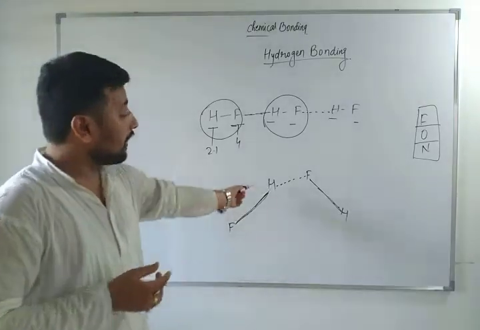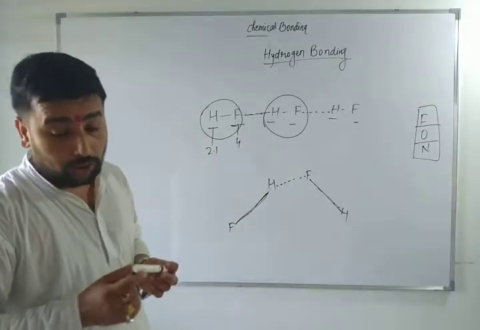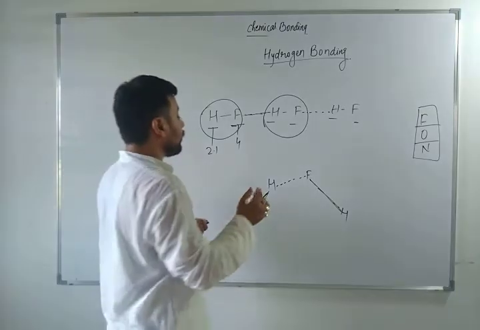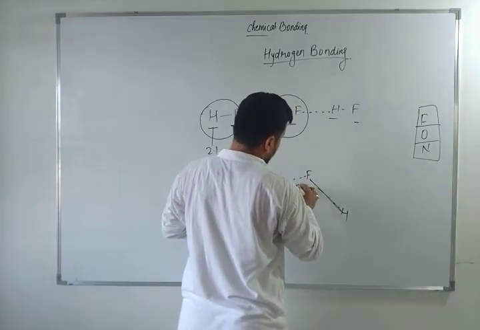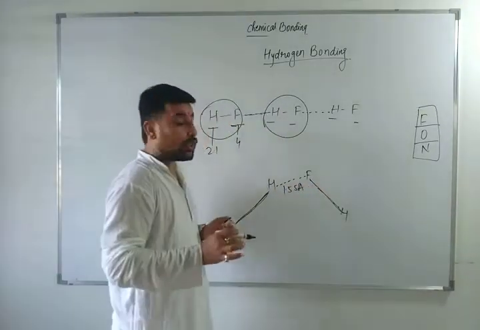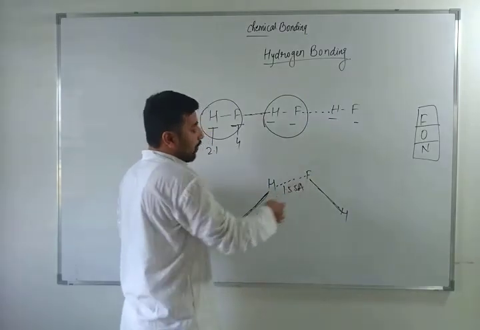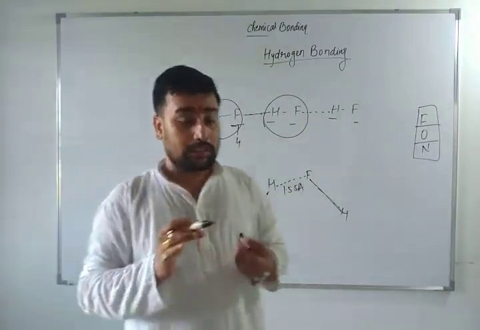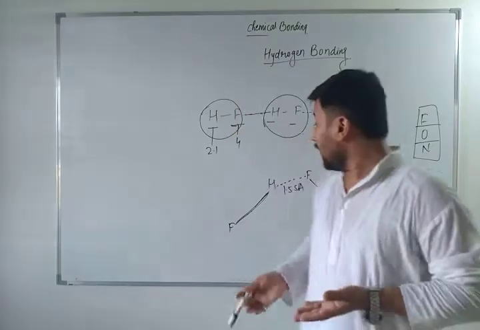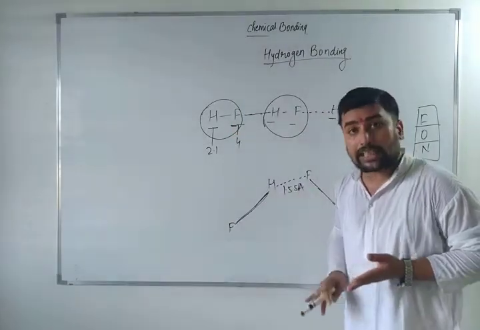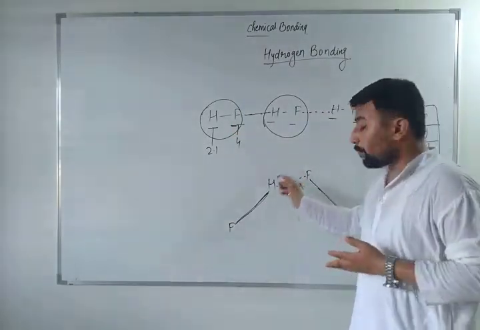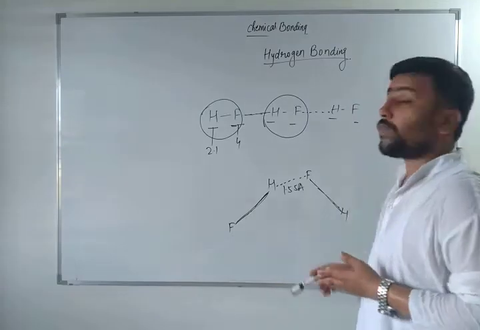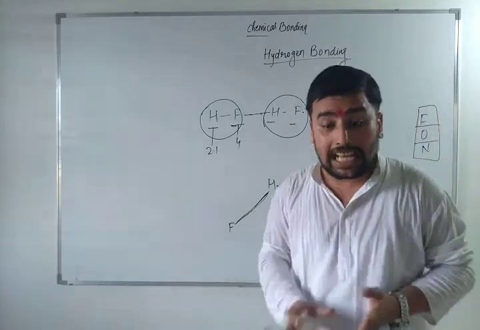What will be the bond length here, do you know? What will be the bond length of HF? It is 1.55 angstrom. Remember, yes, there is a formation. Don't misunderstand if I have just represented it by a dot, and suppose that there is no hydrogen bond. Here it is hydrogen bonding, so that's why I have represented it as a dot. You can see here 1.55 angstrom is the bond length.